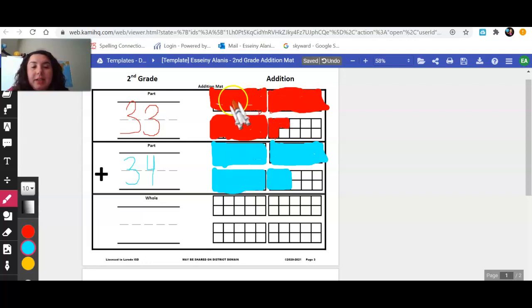So I see that I have 10, 10, 10, 10, 10, 10. I can count the tens first.